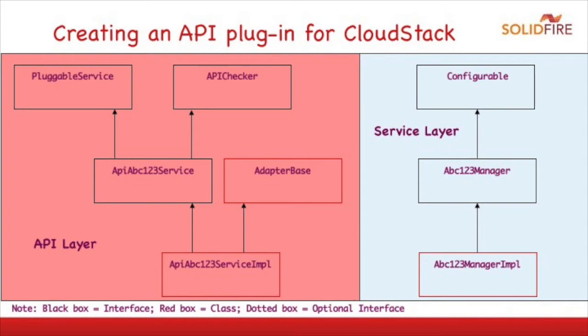The API checker, which I've got in dashed lines, exists in case you have certain requirements as to who can actually access your API commands. You might have a delete method, and maybe the default, which we'll see later, the static role-based API checker, doesn't do enough to control who has access to that particular method, and you have to do some special things on top of it.